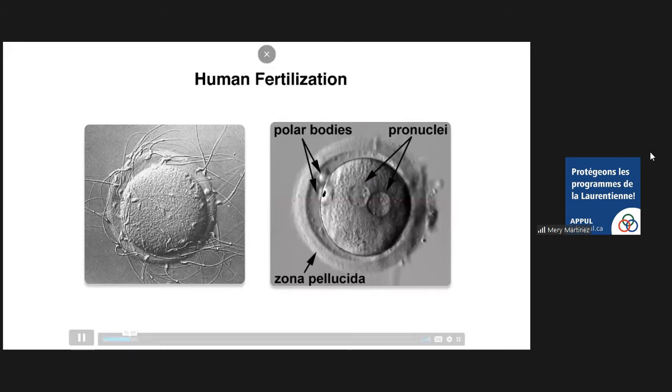Once the sperm enters the egg, the calcium ions that are released from within the egg enable the egg to complete its second meiotic division. The pronucleus that is formed then can migrate and meet the male sperm pronucleus, and when they get together, they start the first mitotic division.